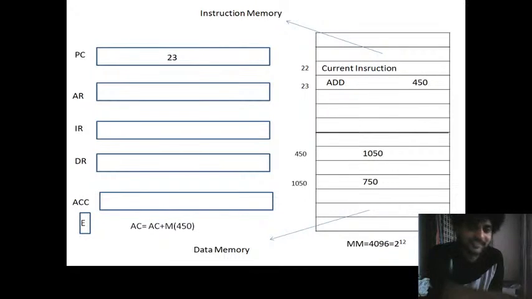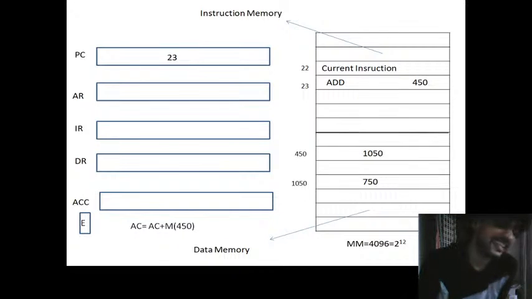Anyhow, one operand is accumulator. The second operand must be brought into the CPU's registers. The register is data register. I can't say intermediate register because technically it is wrong. But at this level, I can tell you that data register will act as an intermediate register to store the current operand. But do not think that the data register is an intermediate register. So at this point, what you interpret is exactly right.